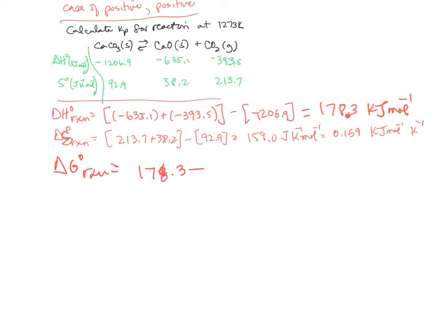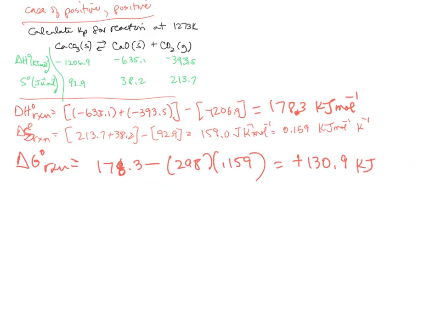The numbers in the table are associated with 298 Kelvin. So times 298.15 times 0.159. And I didn't put the units in, but all the kilojoules and Kelvins cancel, and this is going to be kilojoules per mole, so this will be plus 130.9 kilojoules per mole.